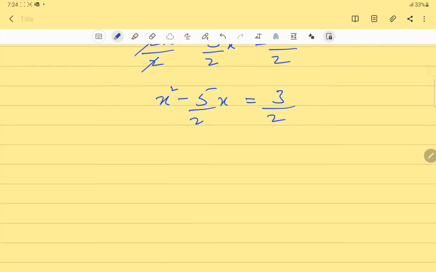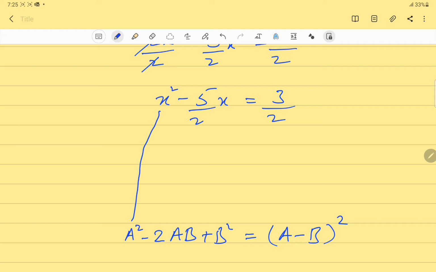Now we have to make the left side a complete square. So for doing so, let us compare it with the complete square and how the complete square looks like. That will be a² - 2ab + b² = (a - b)². This x² corresponds to a², x corresponds to a, but we have no 2 there to match with it, so match with this 2.